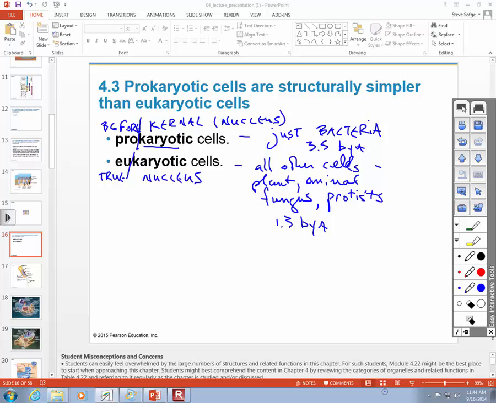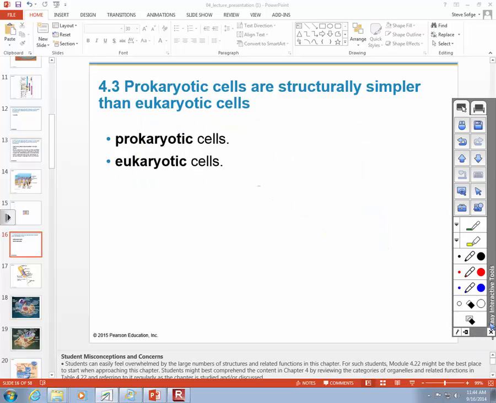All of a sudden things can evolve on a day-to-day basis. It is possible. It is crazy how fast organisms evolve with sexual reproduction. Very interesting. Anyway, those are the only two cell types, and we'll look at prokaryotes and eukaryotes in lab.